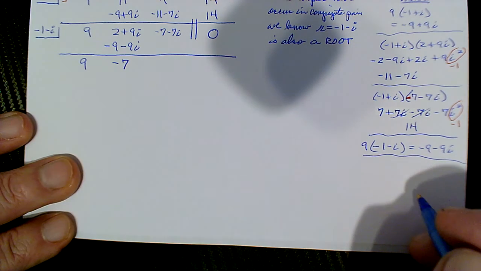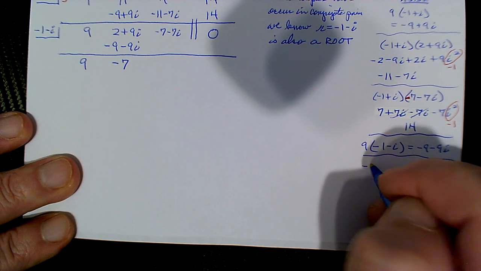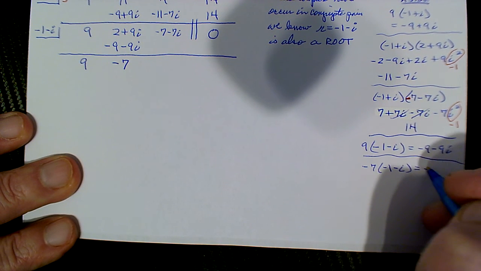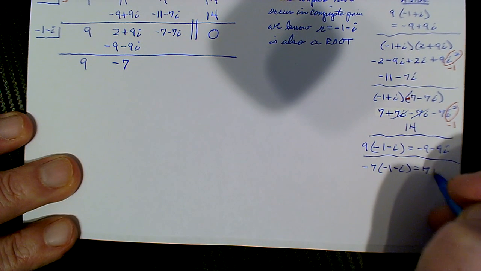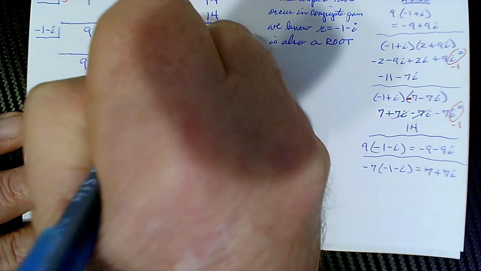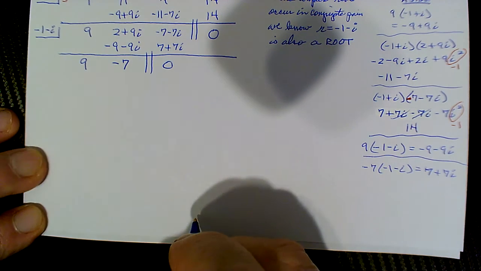You know how neatly that works out. The 9's and i's go away, we get minus 7, and then we have the minus 7 times the minus 1 minus i, which gives us 7 plus 7i, and the 7 plus 7i gives us another 0 as we expected.